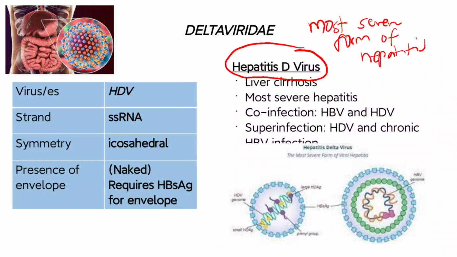And papasok na talaga si hepatitis D. So again, co-infection, acute na HBV infection, as well as the HDV. Pag super infection naman, chronic HBV infection with the hepatitis D virus. Okay?